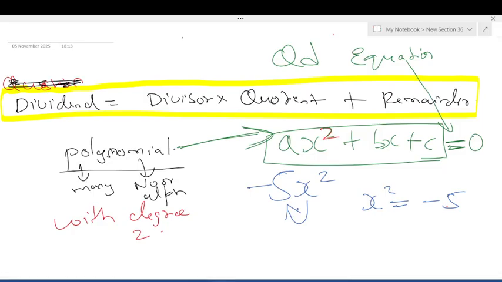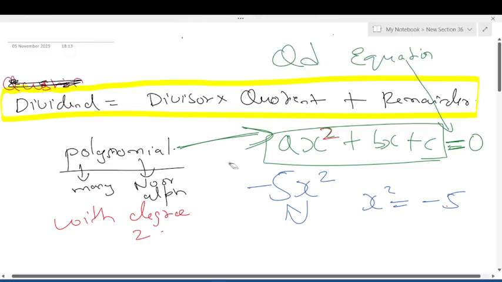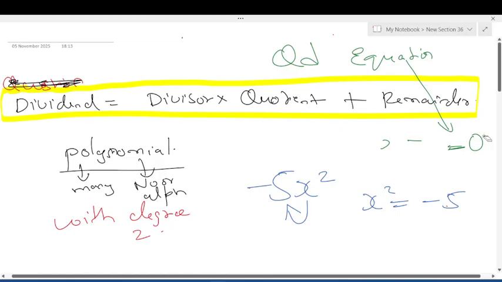Just remember what is a coefficient, what is a constant, and what is a polynomial and its degree. The dividend formula is important. Dividend is equal to divisor into quotient plus remainder. What else will you have? Factor theorem, remainder theorem, factorizing a polynomial completely.